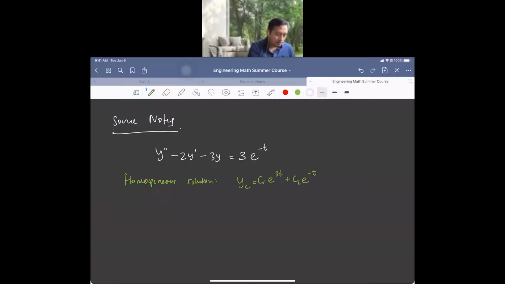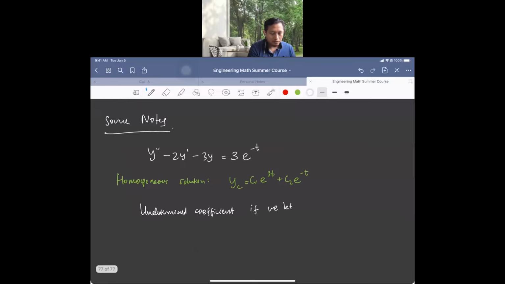Okay, now when we are using the undetermined coefficient, if we let yp equal A e^-t, then this is a problem.